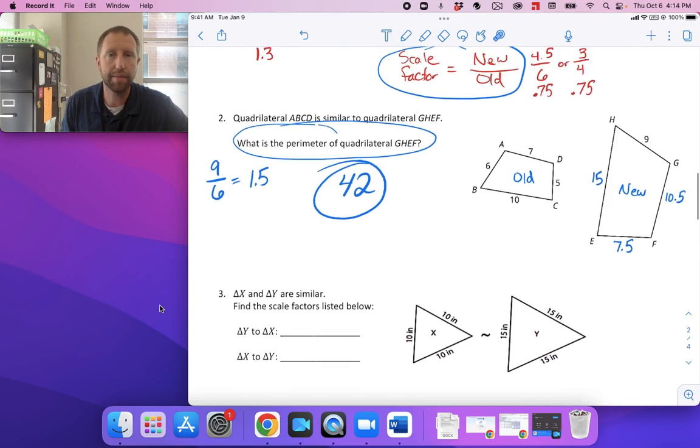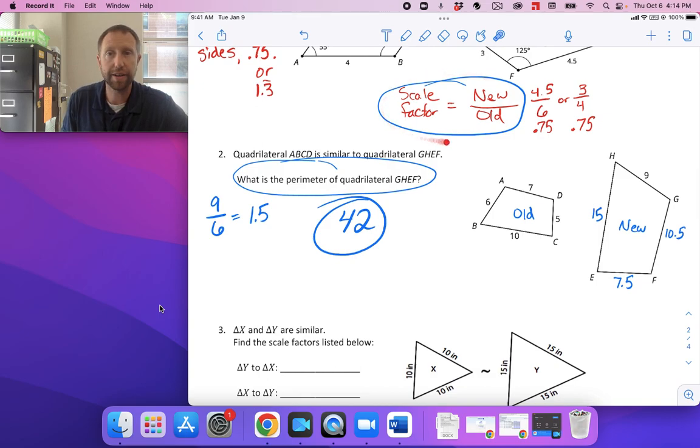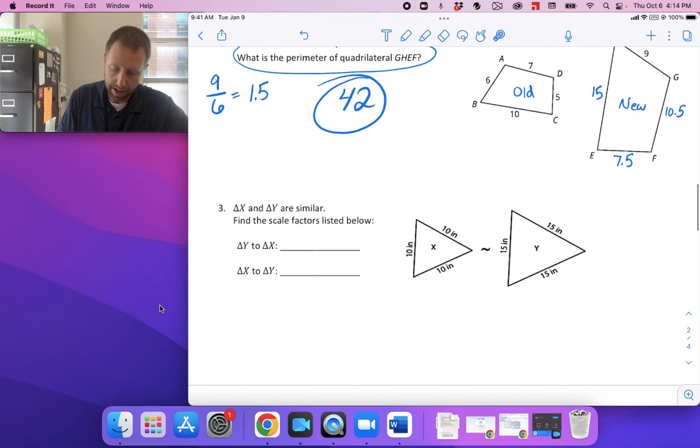So let's scroll up. Scale factor right there, new divided by old. If they're saying X is the new one, that means I'm doing 10 divided by 15. Now the second question reverses it. It says, what about from X to Y? So you just flip your scale factor. It's 15 divided by 10.